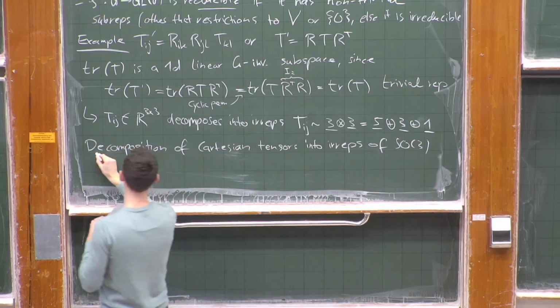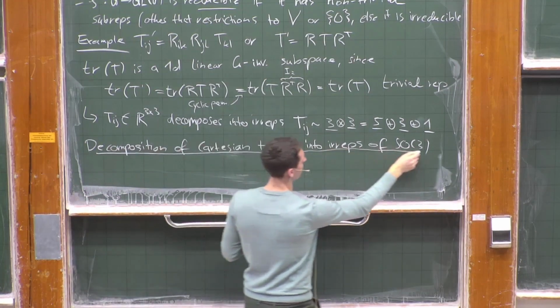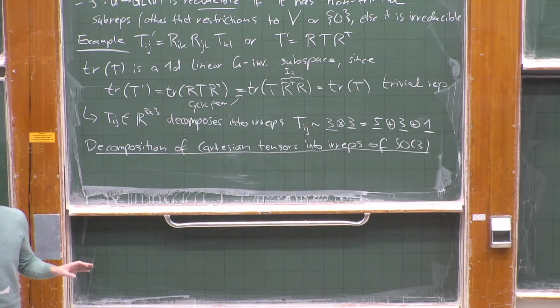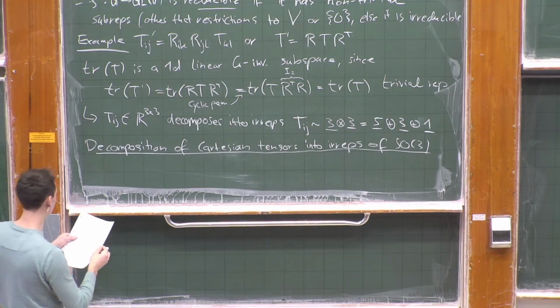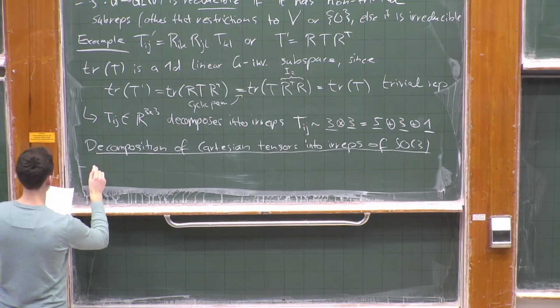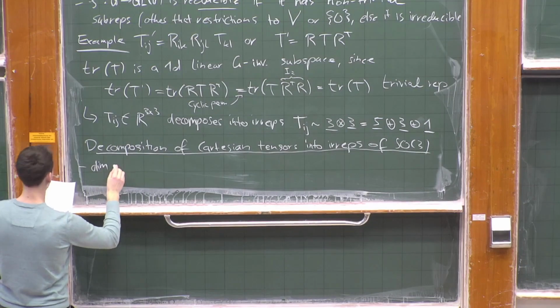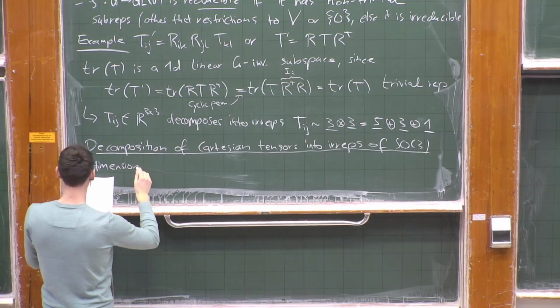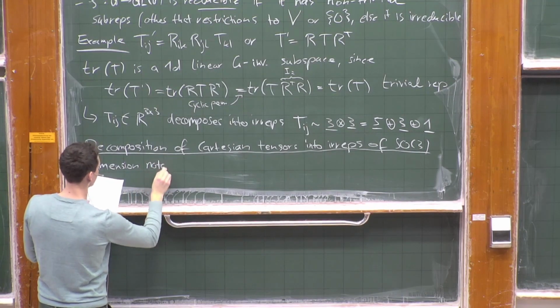Okay. And now we are specifically considering the case of three-dimensional rotations. And I'm going to introduce this dimension notation with a few simpler examples first.